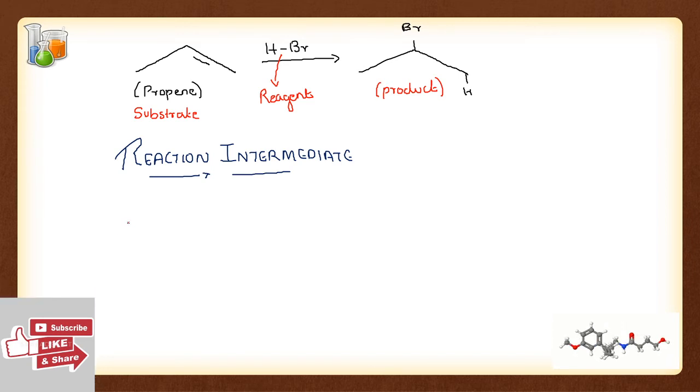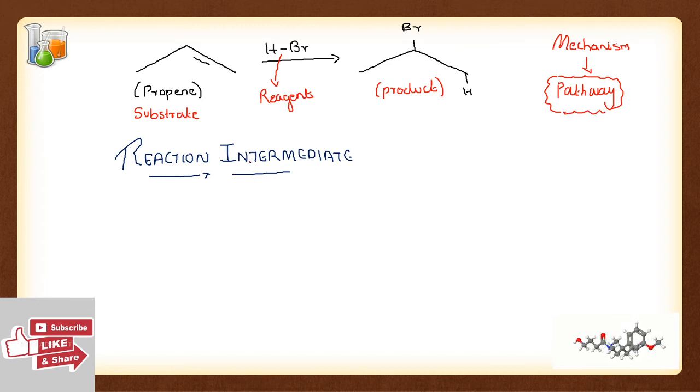The pathway from substrate to product is known as the mechanism of the reaction. That is important. What is mechanism? It is the pathway. So if you are asked what is the mechanism of any organic reaction, the term that should come into your mind is pathway.